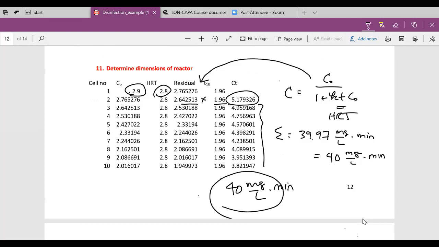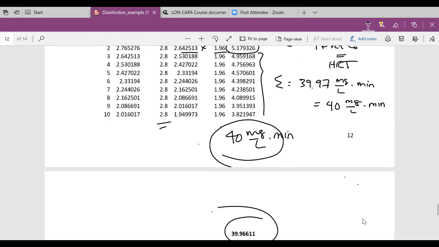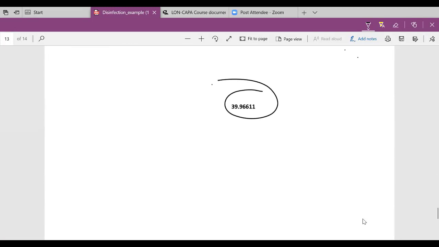And we looked at this on Friday, but I just wanted to go through that Excel spreadsheet, and you can see here, in this case, we have a hydraulic retention time of 2.8. So now we can look at sizing the reactor.